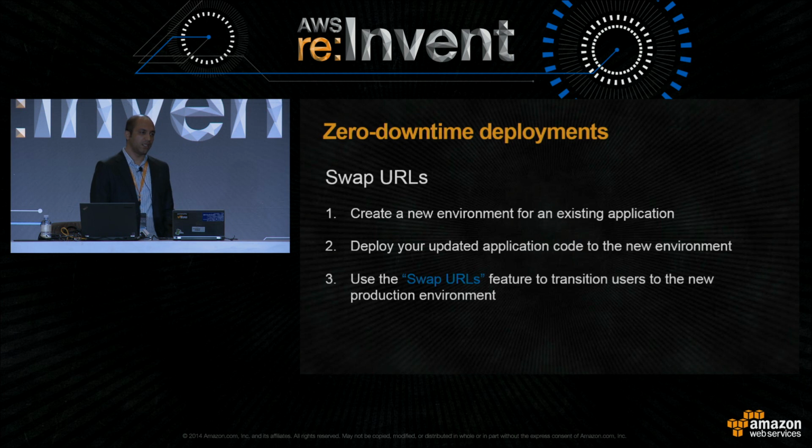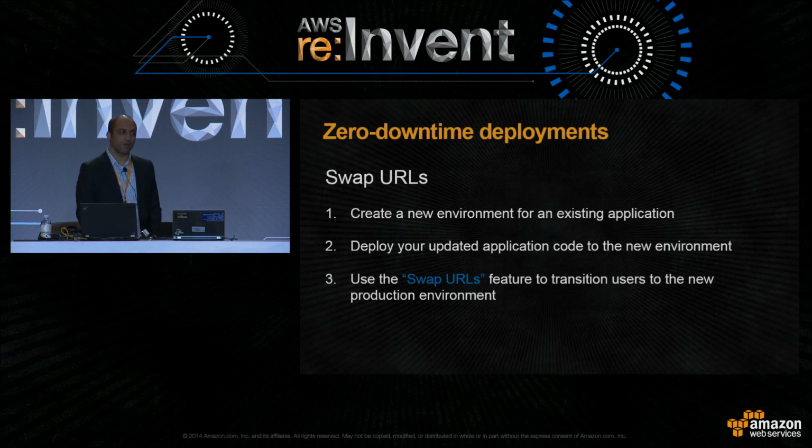What that basically does is it swaps the DNS entries at the top so that your old DNS entry is now pointing to your new application code. This has some downsides, specifically if you have devices that cache DNS addresses that don't respect the TTLs. Your customers can continue to get the old version of the application for a little while.